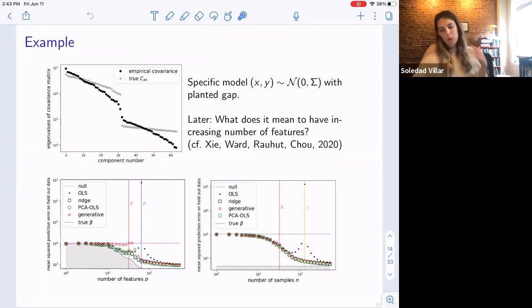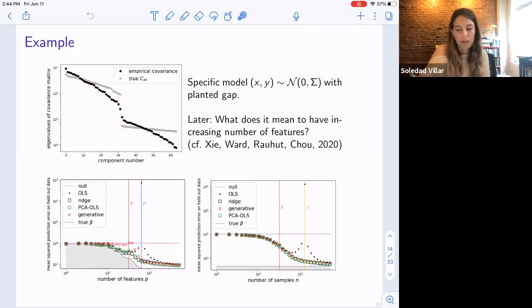The idea is that in this example, we have a generative model where your data comes from a low rank model, where the covariance matrix has a gap in the eigenvalues. This is the eigenvalues of this covariance matrix, and there's a gap over here.